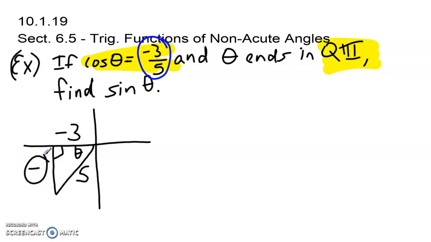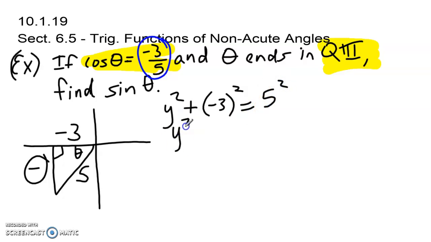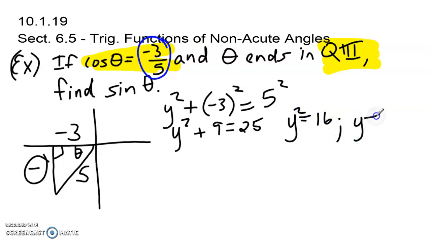So we're going to do Pythagorean's theorem, and I'm going to call that y because that's my y coordinate. y squared plus negative 3 squared equals 5 squared. So y squared plus 9 equals 25. y squared equals 16. That means y is 4, but we're going to make it negative because it's in quadrant 3.